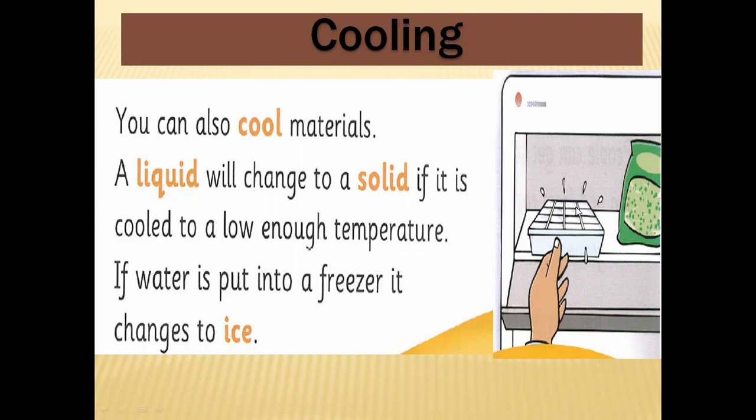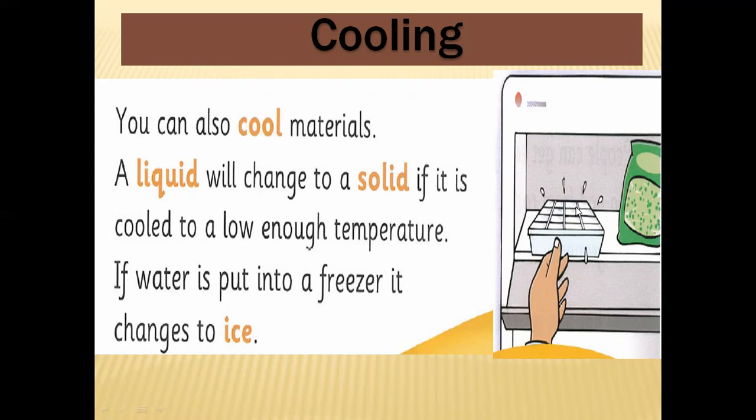Sometimes when we have a lot of food, the extra food after eating, we put them in the fridge. Not sometimes, mostly we put them in the fridge. Why do we put them in the fridge? Because in the fridge or in the freezer, they cool down, they change their shape and they remain as they are.